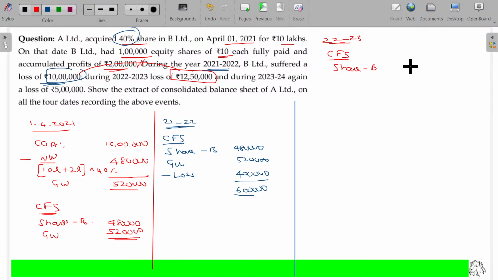Share of B 4 lakhs 80,000. Goodwill 5 lakhs 20,000. Minus loss. How much is the loss? You add these two losses and calculate 10 plus 12.5. The accumulated loss as on this date in their balance sheet may be 22 lakhs. Out of that, 40% will be considered here, 9 lakhs. Then in CFS, the value will be shown at 1 lakh.